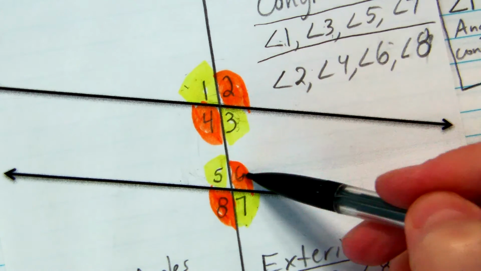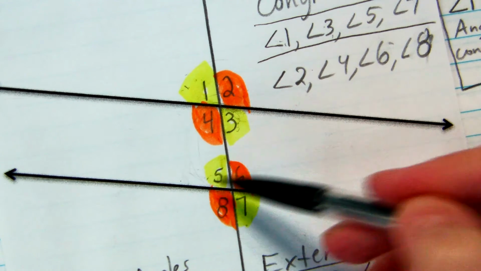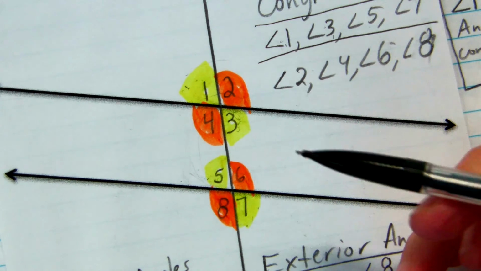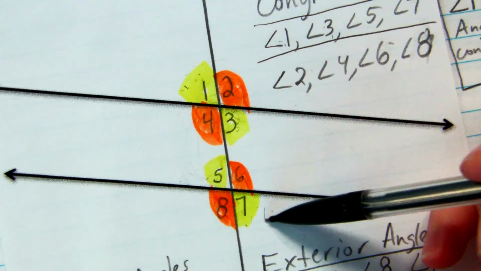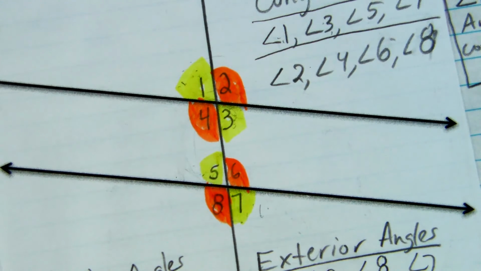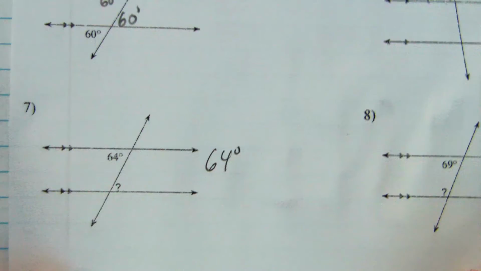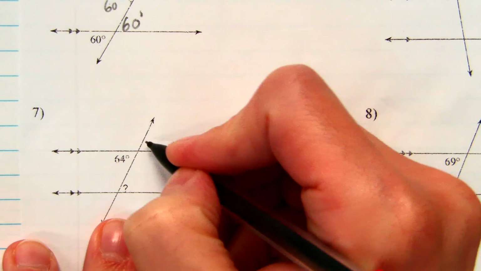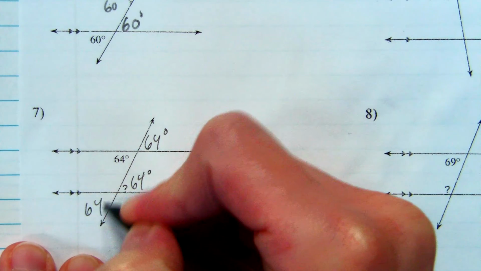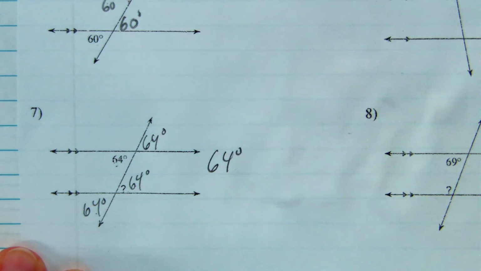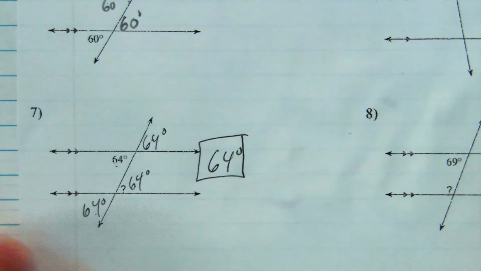If they're across from each other this way, then they are the same. And the same thing with the angles on the outside. If these are across from each other this way, those are the ones that are the same. So we can just use that relationship that we found and go, oh, those are going to be the same. This is 64, this would be 64, this is 64, that's 64. All 4 of those angles would come out the same.